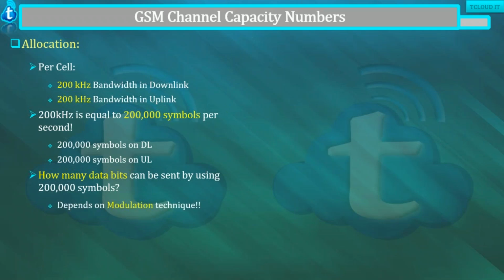It depends on something called a modulation technique. We'll be learning these modulation techniques while we go through our LTE concepts, how they work. We learn deeper mathematical things related to modulation at a later stage, but it will be dependent on the modulation technique.